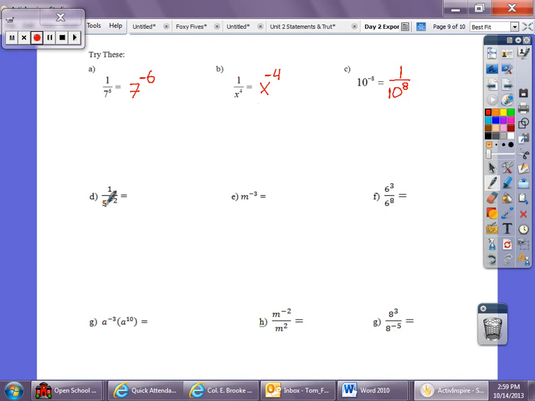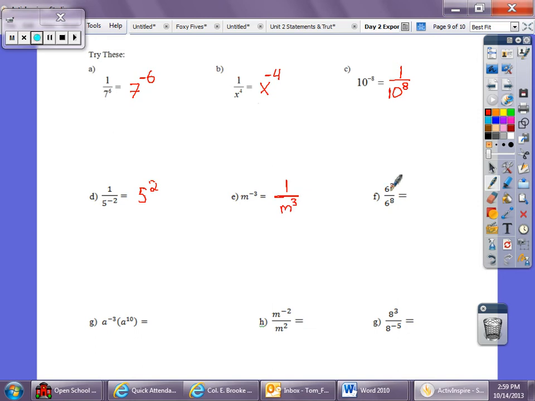Now we have 1 over 5 to the negative 2nd. Well, that negative 2nd is in a denominator, so instead of putting it in the denominator, it's just going to be 5 to the 2nd. M to the negative 3rd, well, we have 1 over m to the 3rd.